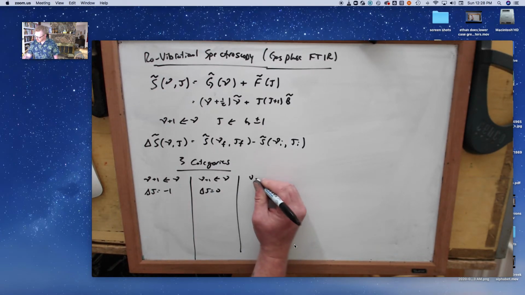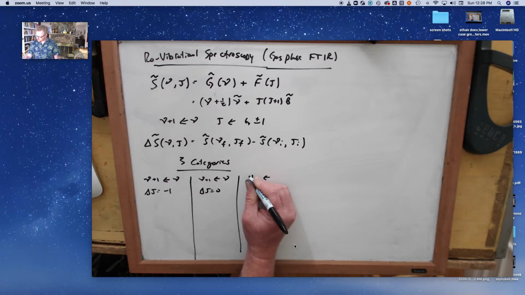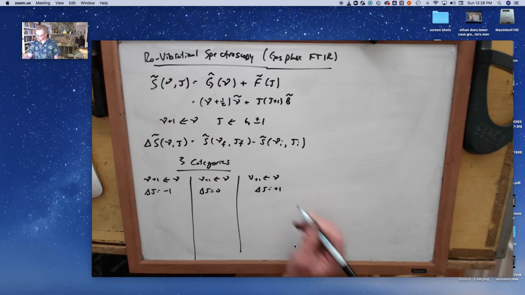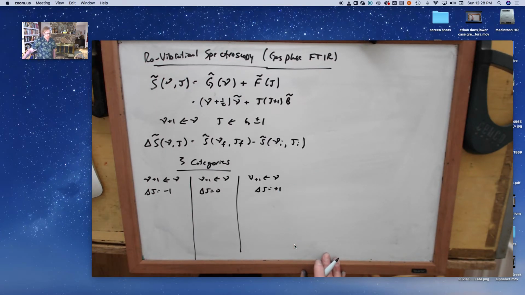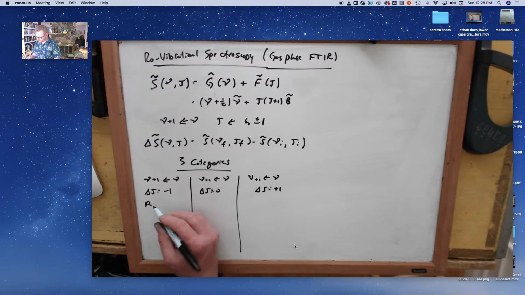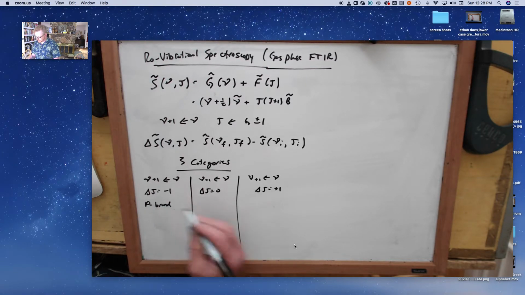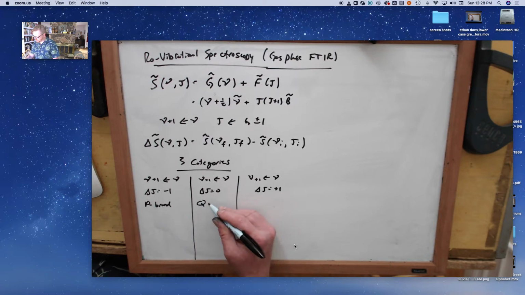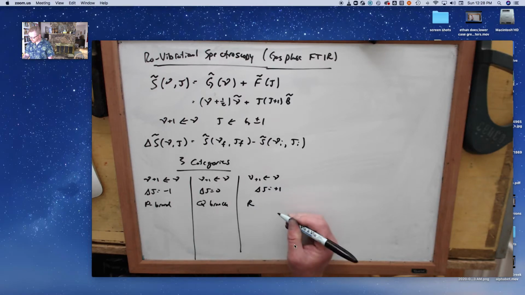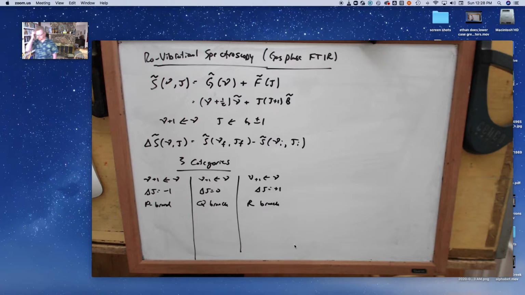And then we have the same situation, nu goes to nu plus 1, and here delta J changes by plus 1. Okay. Where J goes down by 1 is called the P branch. Where J does not change, that's called the Q branch. And where J goes up by plus 1, that's called the R branch. So PQR, -1, 0, +1.